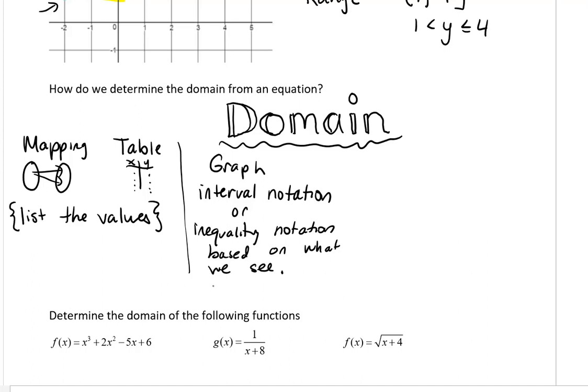Now, something to keep in mind, we want to be careful about open circles. We want to be careful about arrows and whether it hits the edge of the graph.